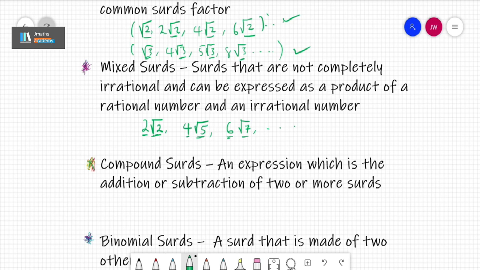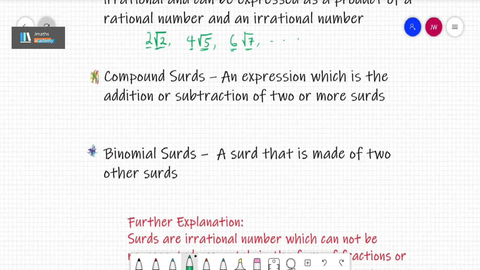Then we have compound surds. An expression which is the addition or subtraction of two or more surds is known as a compound surd. What this means is, if you have more than one surd adding or subtracting, it is known as a compound surd.